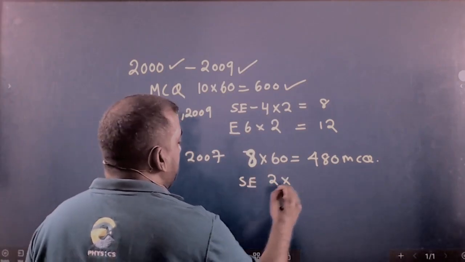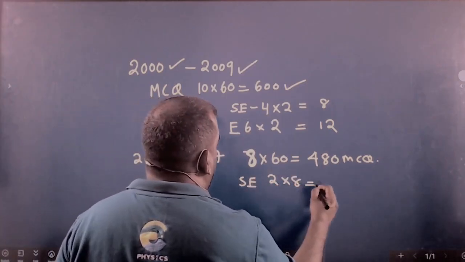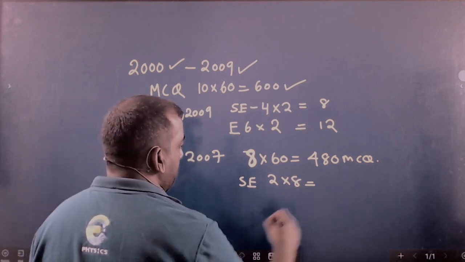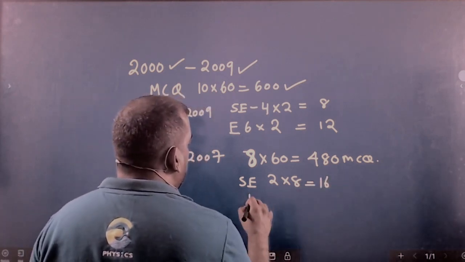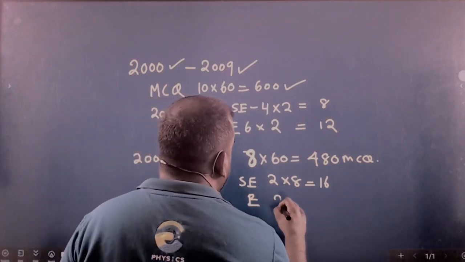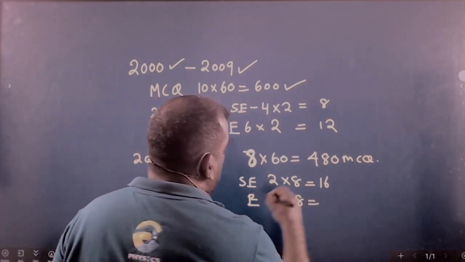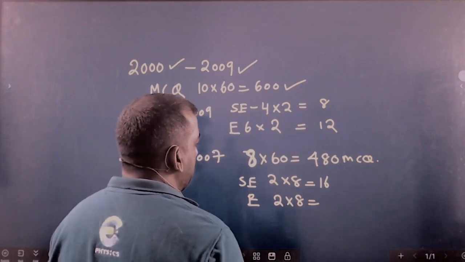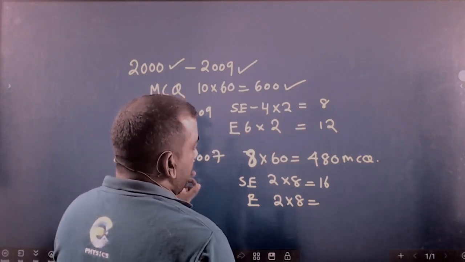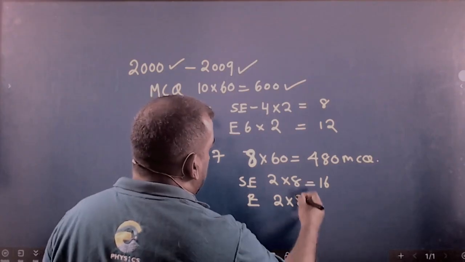Think about the structure. 2 structured each we have done. 8 papers, 2 structured each, 16. 2 essays each we have done. So from each of these papers, we have completed a large range.